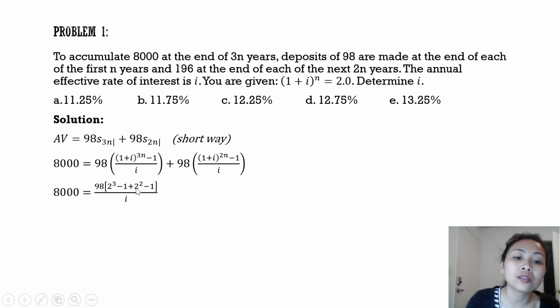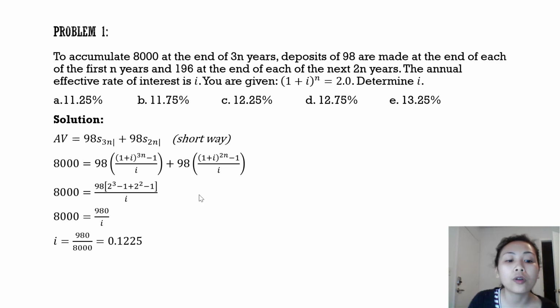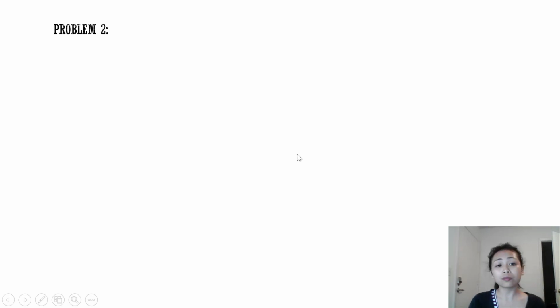And minus 1 plus i to the 2n is 2 squared, using the property of exponents, minus 1. So we have 8,000 is 980 over i, and i is 0.1225, which means 12.25%. So the answer is C. So that's the first problem. In this problem we applied the short way method for annuity with block payments.